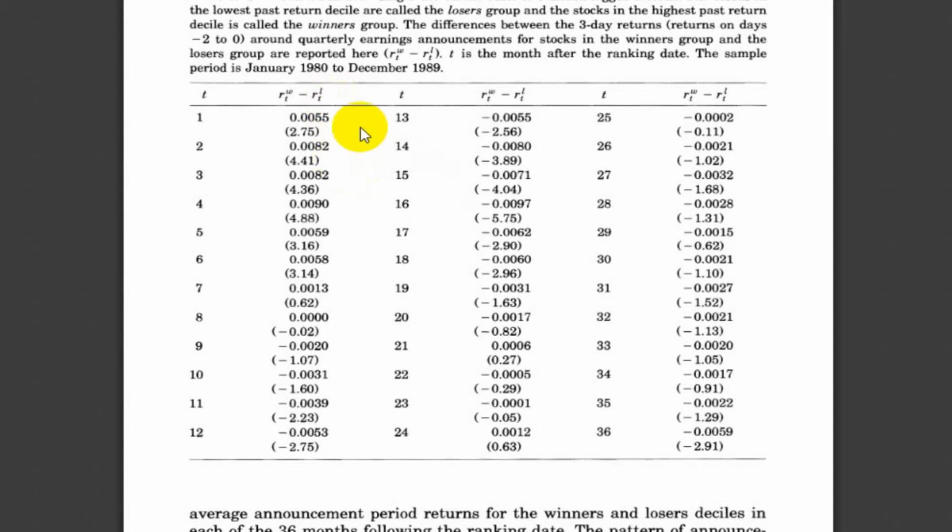So these results here are similar to back in Table 7 with the past 6-month formation and the next 6-month holding period. We're here for the next 6 months after the formation date. The 3-day returns of the winners exceed the 3-day returns of the losers and are statistically significant.